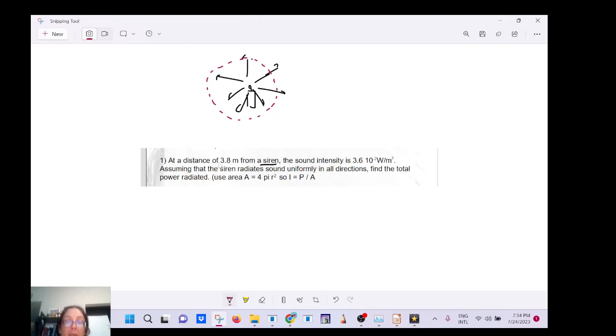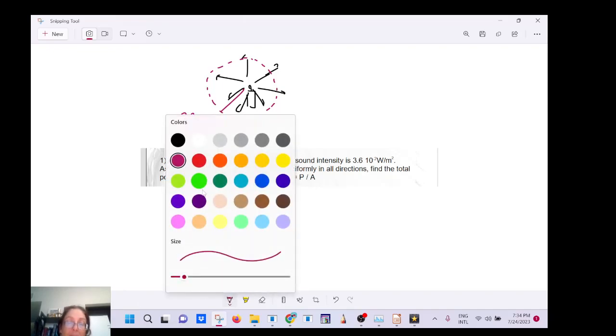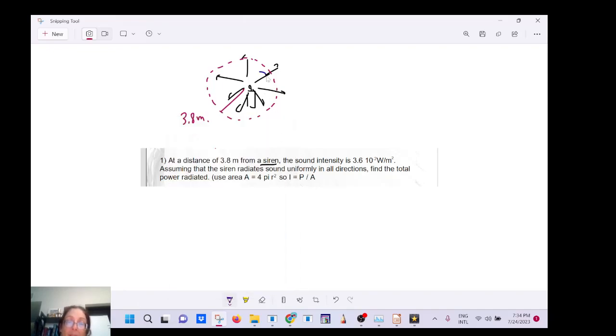At a distance, the distance between here and there is 3.8 meters. So at that distance, the sound intensity, which means the amount of energy flowing per unit area, 1 meter by 1 meter, so how much energy is flowing through it, is 3.6 times 10 to the negative 2 watt per meter square.